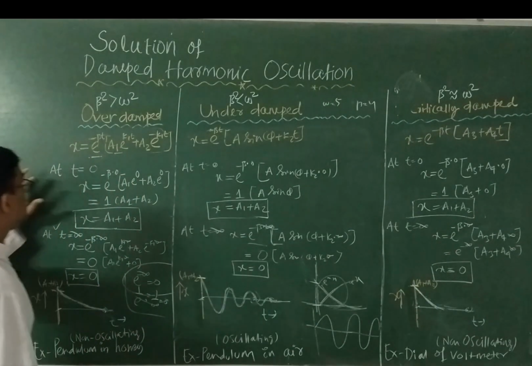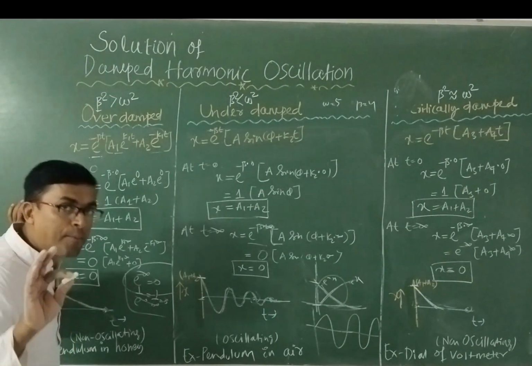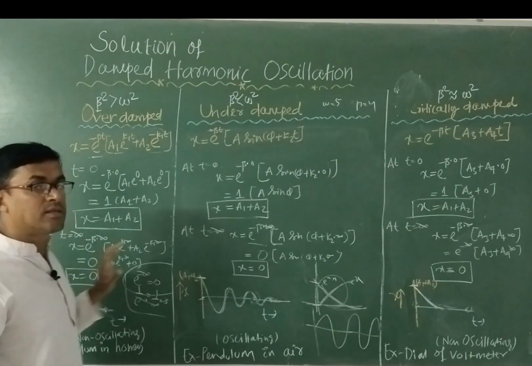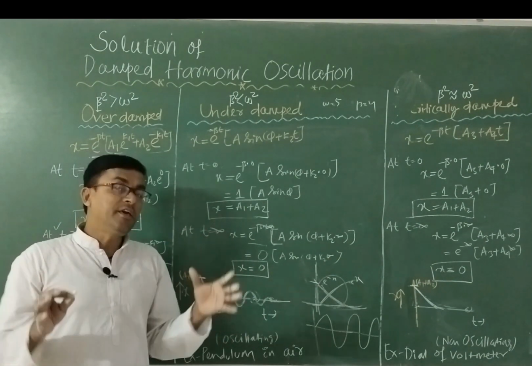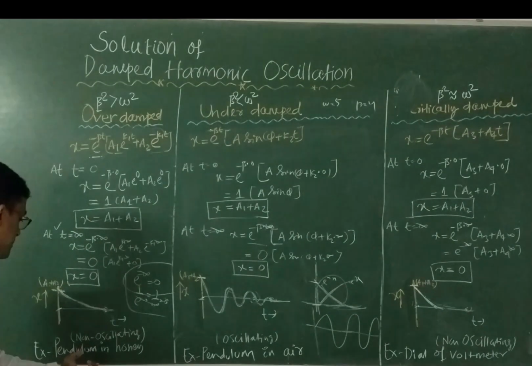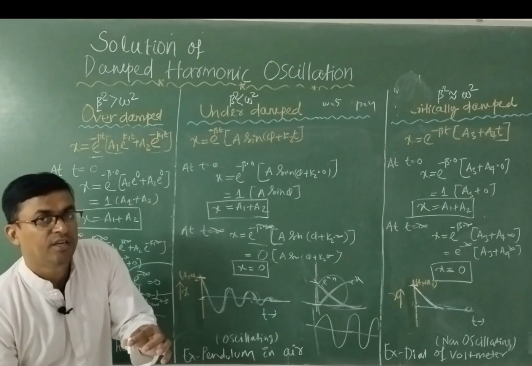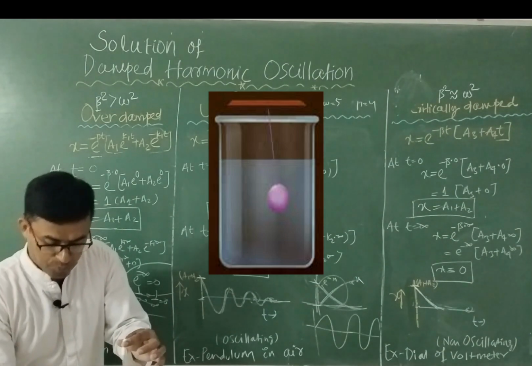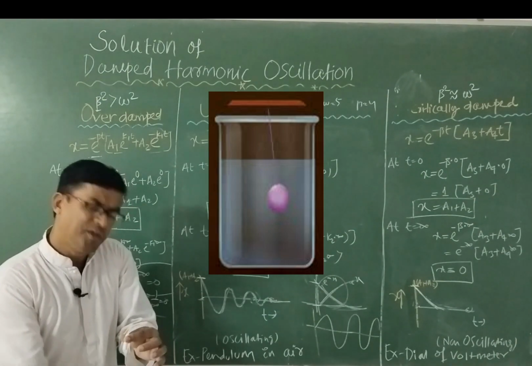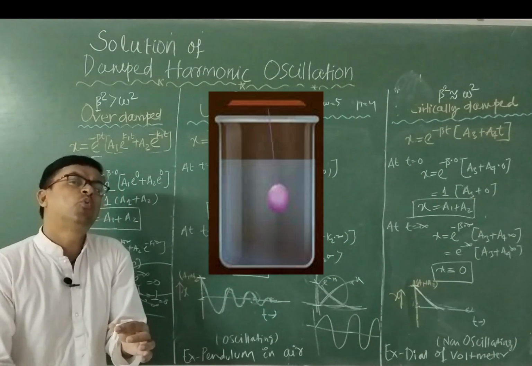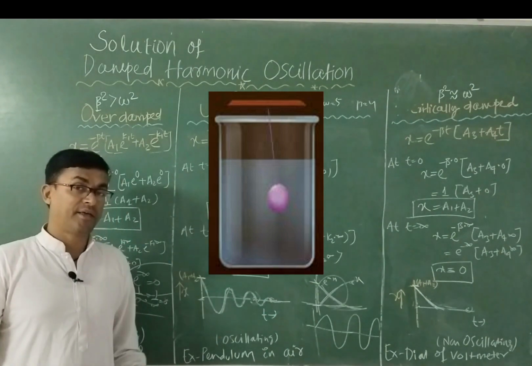The first example is where the damping factor is very high. I told you the damping depends upon the medium. If the medium is highly viscous, like honey, and you put a pendulum inside the honey, bring it to a certain height and release it, then gradually it will come to the mean position and it doesn't have more energy to go to the extreme left, because damping is so high.